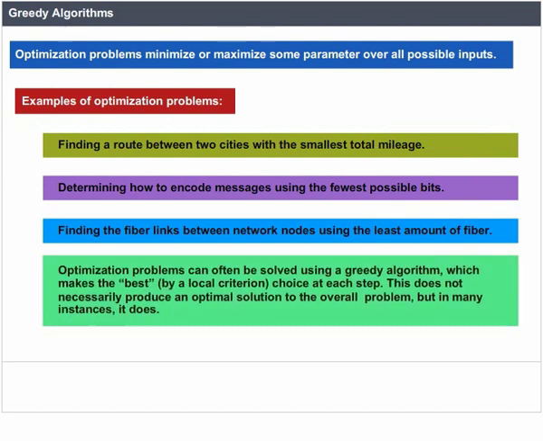Optimization problems can often be solved using a greedy algorithm, which makes the best choice by a local criterion at each step. This does not necessarily produce an optimal solution to the overall problem, but in many instances it does.